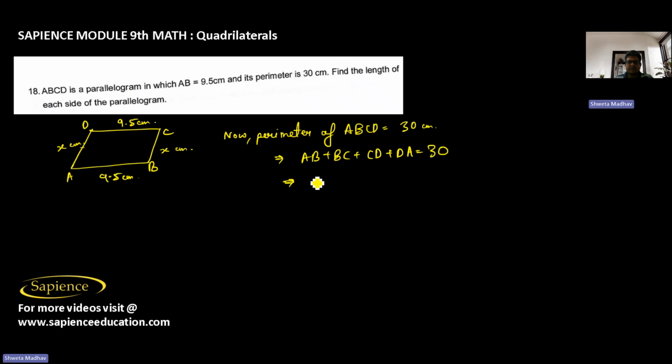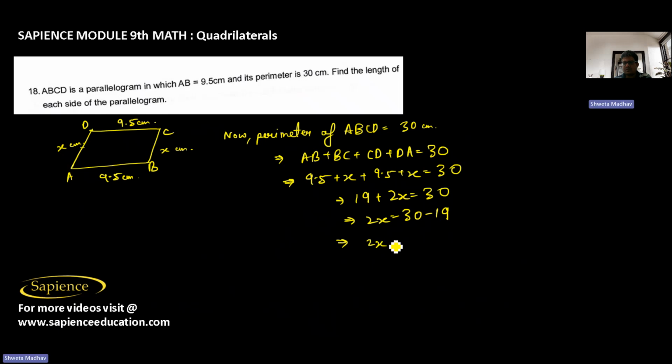Now AB is 9.5 plus BC is x plus CD is 9.5 plus DA is x, that is equal to 30. So 19 plus 2x equals 30. Therefore 2x equals 30 minus 19, which is 11. So x will be equal to 11 by 2, which is 5.5 centimeters.